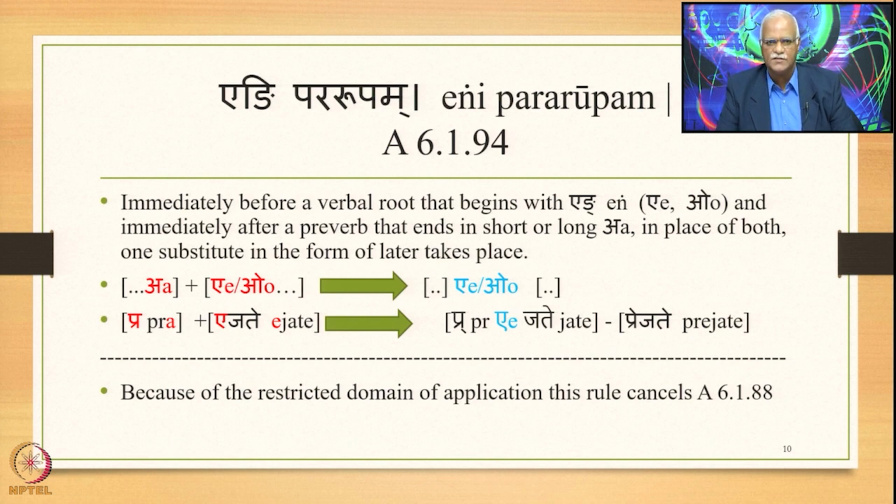Why we are studying this right now is because now we shall study the other sutras stating the vriddhi substitute, and these sutras further restrict the domain of Engi Pararupam and reinforce the vriddhi substitution.